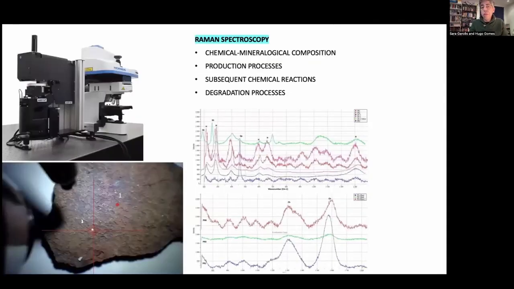So Raman spectroscopy is very useful to identify the chemical and mineralogical composition of these pigments. We can sometimes also identify the production process and the subsequent alterations and reactions that happen in the pigments.